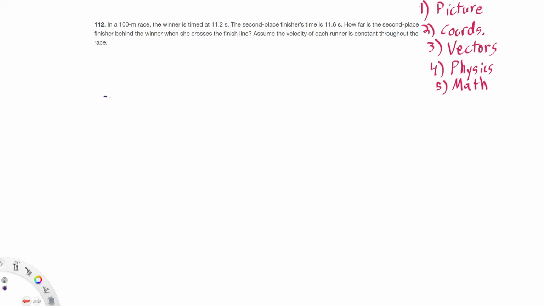So we have a racetrack. It is 100 meters long. And we have two runners that we are interested in. We have a green runner, and we have a red runner.